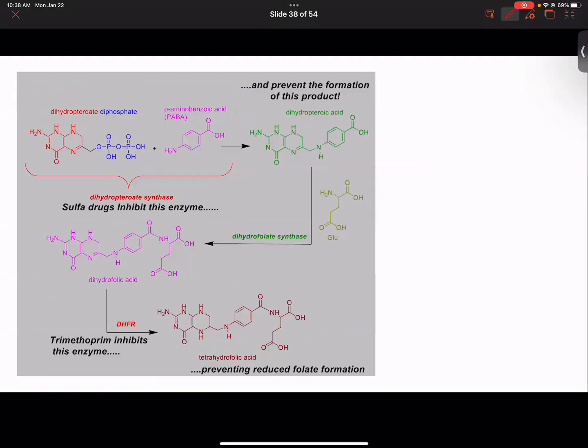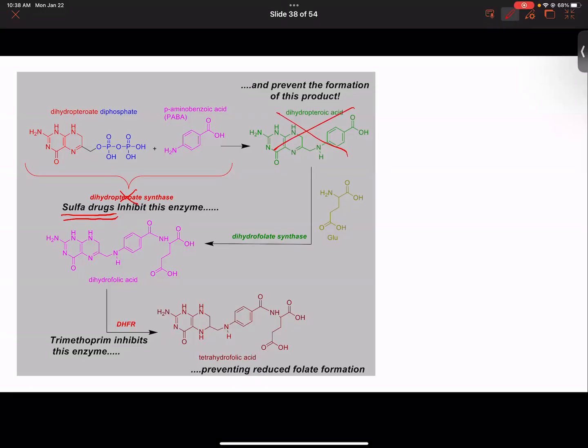We'll talk more about that after a while, but what I want to impress upon you is that the sulfa drugs, in particular sulfamethoxazole, one of the ingredients in Bactrim, work to inhibit this enzyme to prevent the formation of that substance.